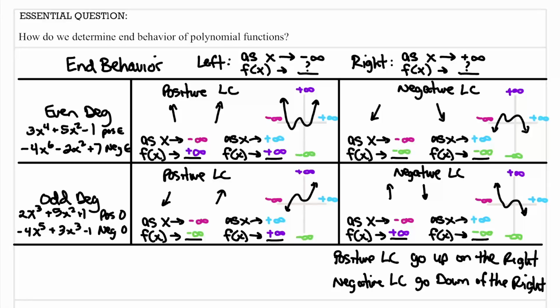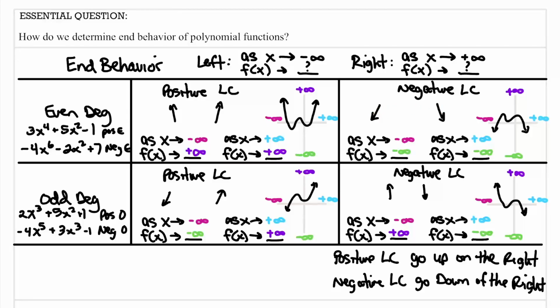So then if we look at our left end behavior, notice that even degrees, if we're looking at this row here, the left side of our even degree with a positive leading coefficient matches the right side, so they both go up. And if we switch that to negative, they both go down.